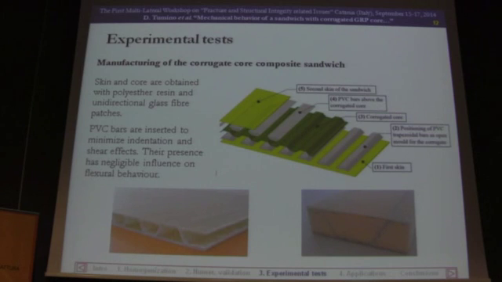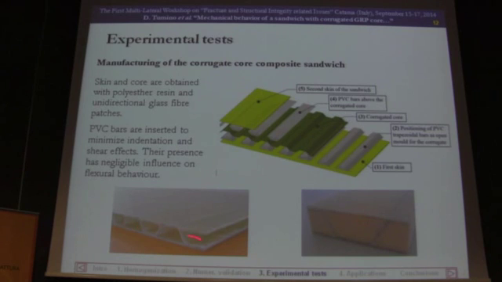The other step was to validate the model with an experimental test. So we manufactured in our laboratory this sandwich. The first attempt was to make a reinforced core without anything inside.